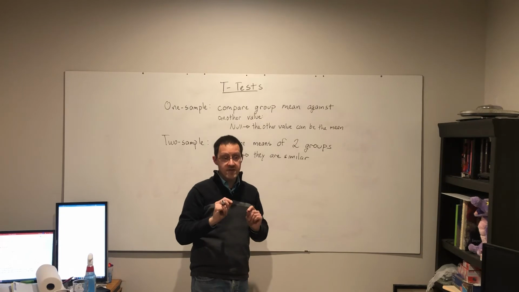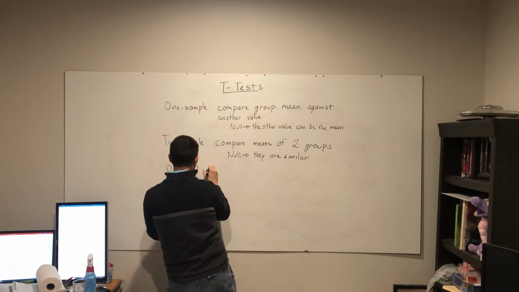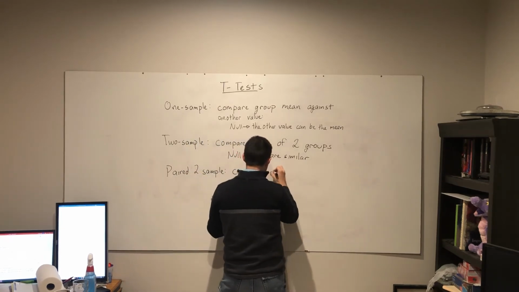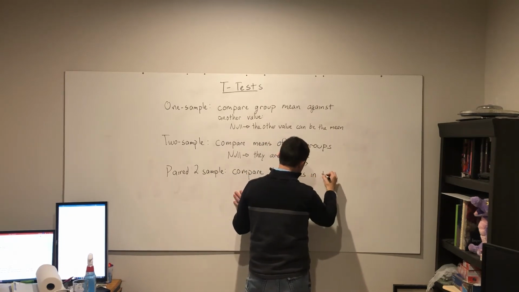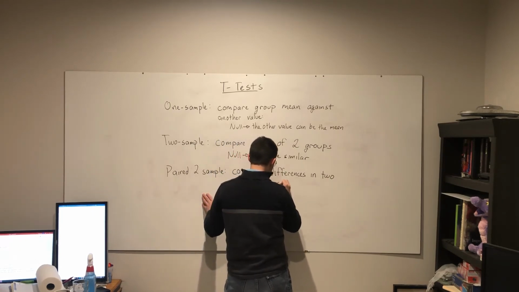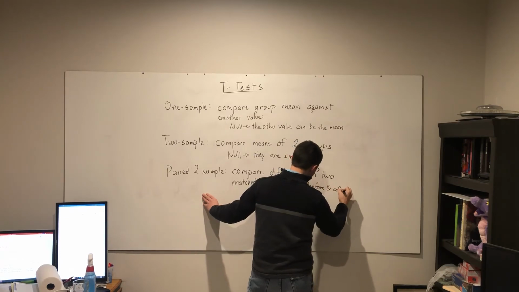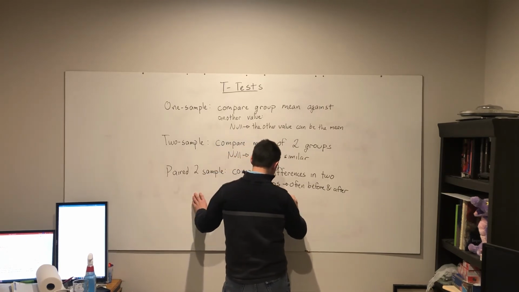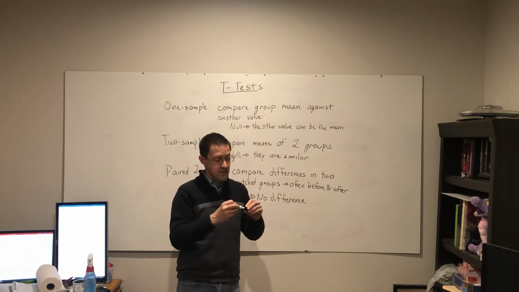The third kind of t-test is something called a paired t-test.